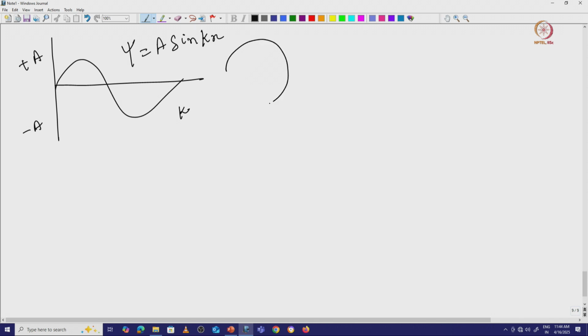So, now we want to plot this one. When the angle equals 0, we are plotting this wave in this direction.